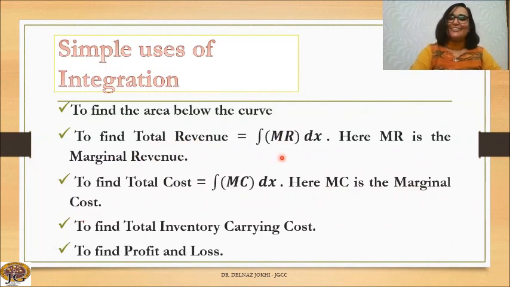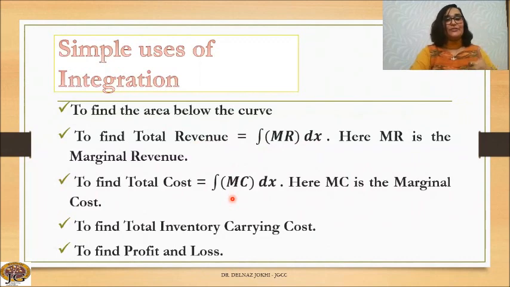So my dear students, if marginal revenue or marginal cost function is already given to you, then if you integrate that function with respect to x, then the answer that you get, the integral, is nothing else but the total revenue and the total cost respectively.